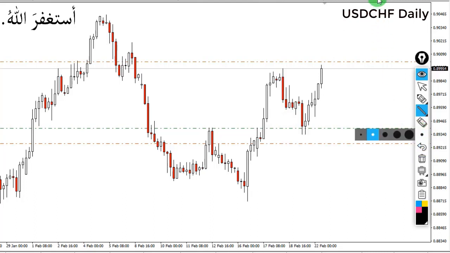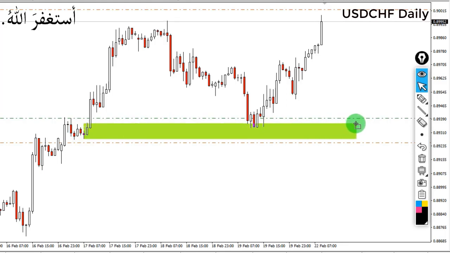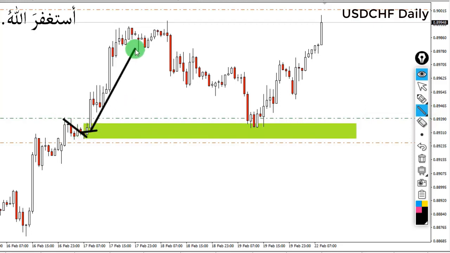If we go further down to the H1 time frame, we have a clear demand zone here. We have a nice drop, base, rally, then the market dropped down to this level and showed us a bullish engulfing here.